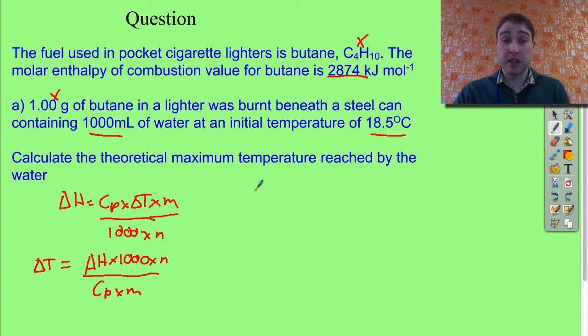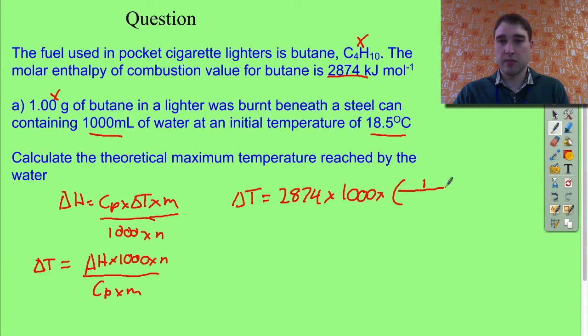Now we can substitute in our values, so we've got delta T equals 2,874 for the delta H value, times 1,000 times our number of moles. In this case, we're burning 1 gram.